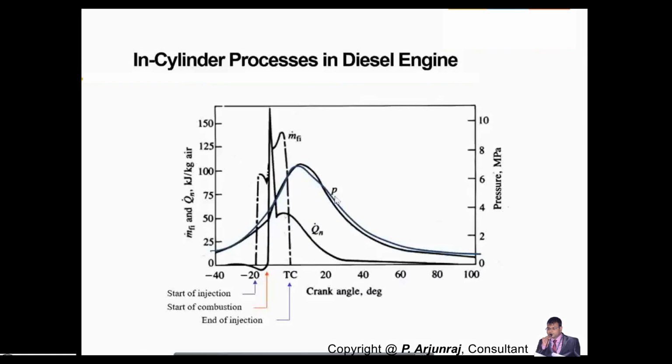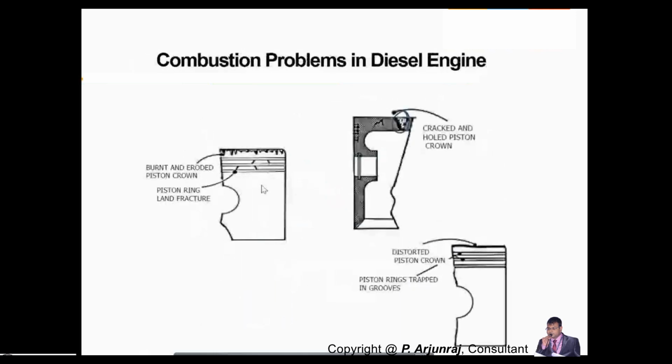Heat release rate, pressure, the work done will all be very much important while we're going for an in-cylinder process analysis. So you also have some problems in the case of the diesel engine. You're going to get some combustion problems. The combustion problem can result in a burnt and eroded piston crown. Even the piston ring can get fractured.